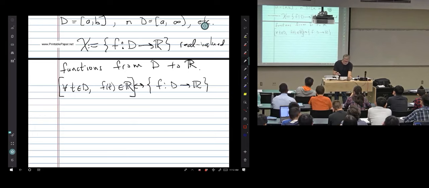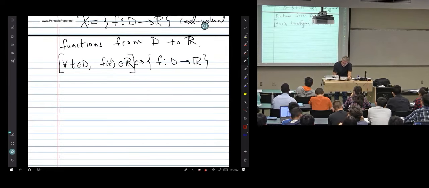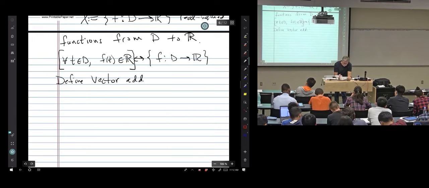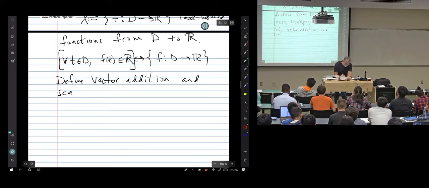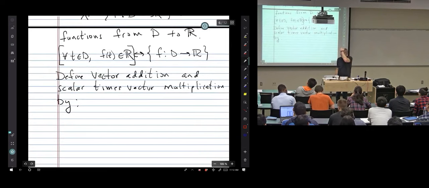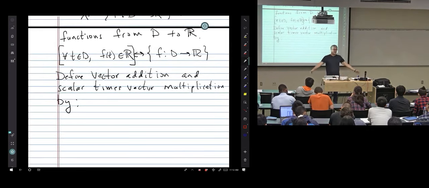Okay, the reason I want to do that is I'm going to now define vector addition and scalar times vector multiplication on my functions.